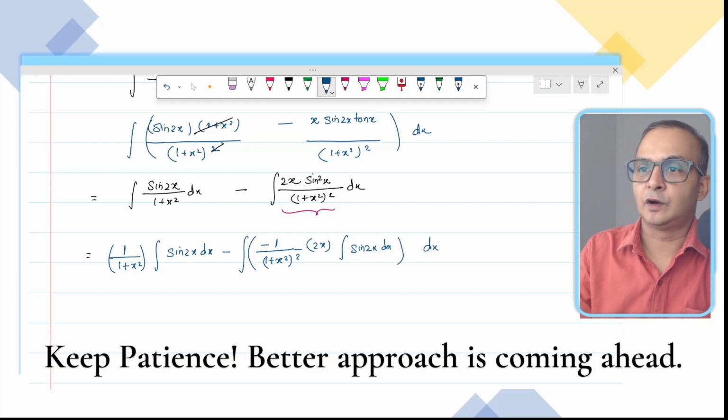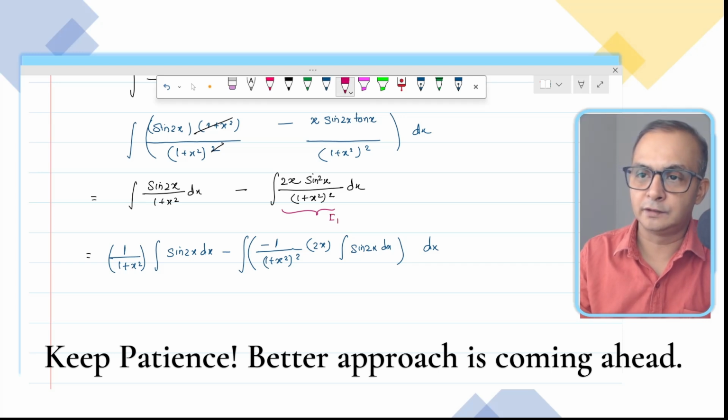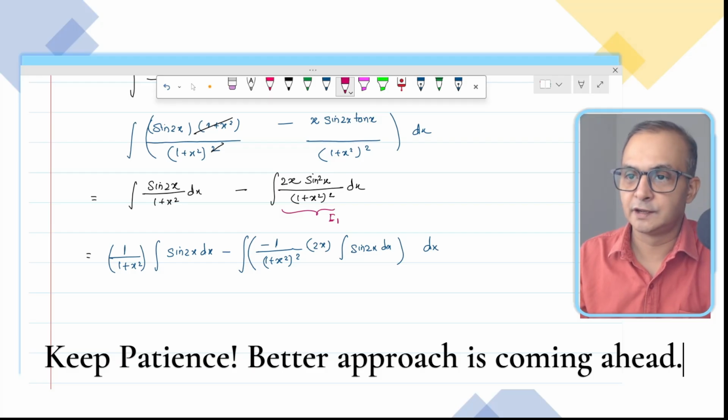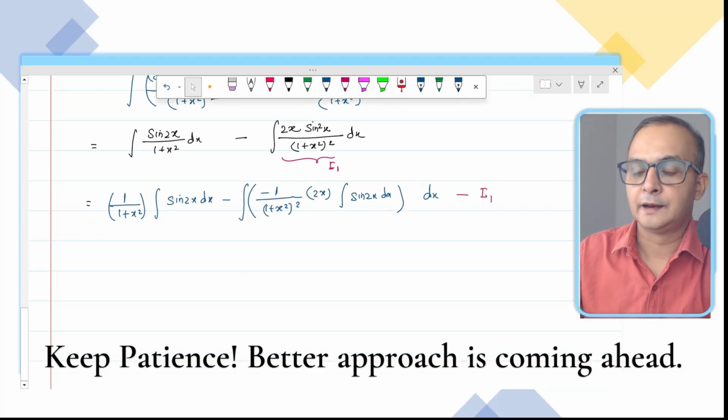And this guy I'm calling, let's say, I1, and minus sign, please understand I'm not using it, so I'm writing minus I1.